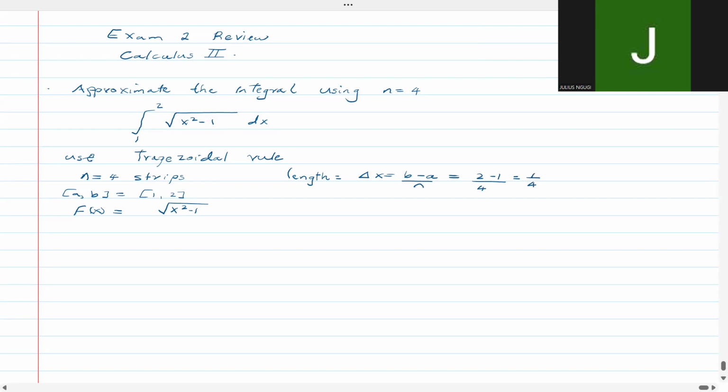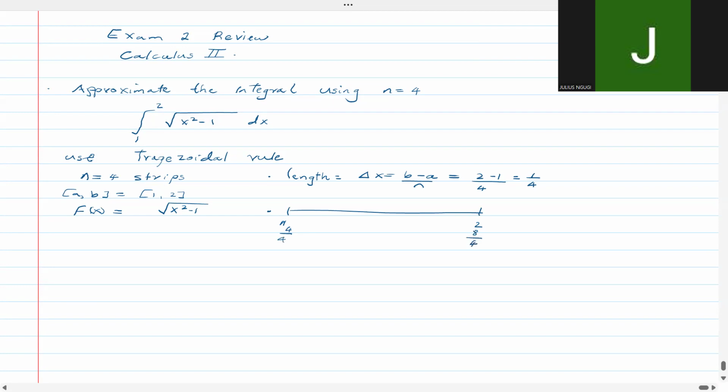So after we find the length, we find the grid points. By finding the grid points, it's easier to draw the interval from 1 to 2. We start at 1 and end at 2. Because the width is 1 over 4, I can write this one in terms of 4, so this one is 4 over 4, and the last one, 2, is 8 over 4.